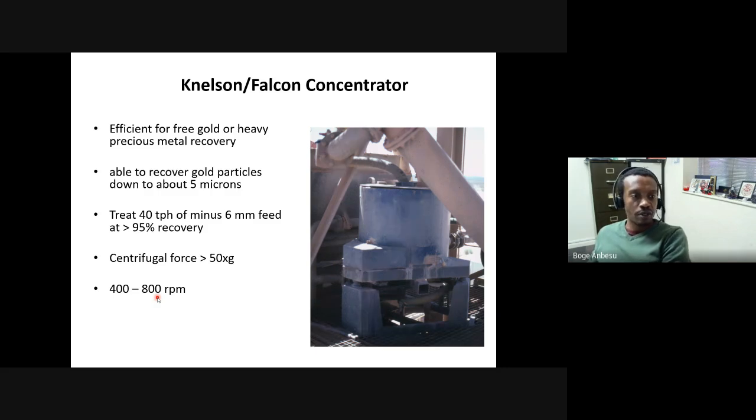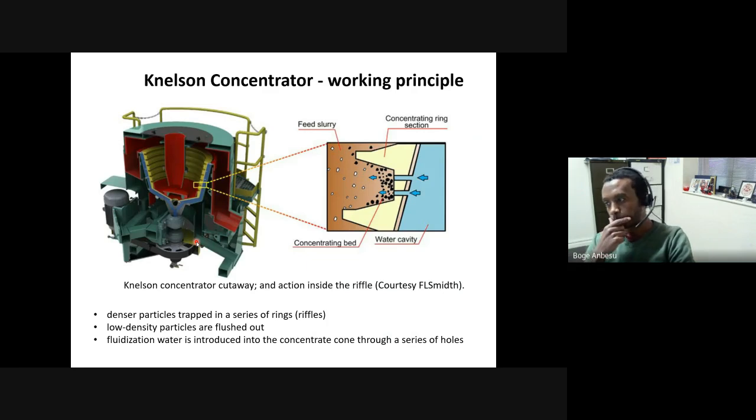So how do they work? Typically, they work for gold ores, and they have very wide application in gold ores. In many of the places that I went to, they actually use one or two of these gravity concentrators, typically for processes where you have fine gold and free milling, or you could use a Nelson concentrator.